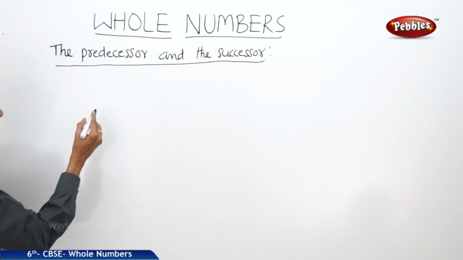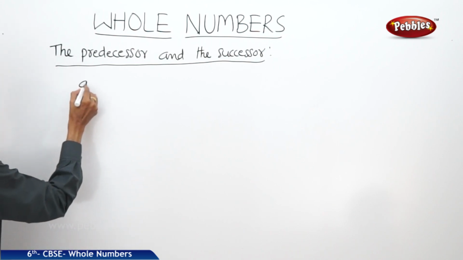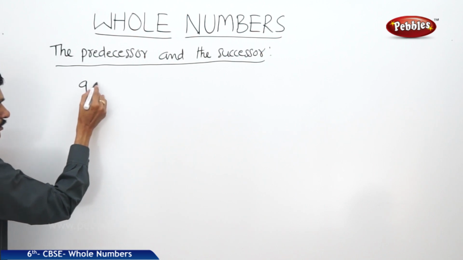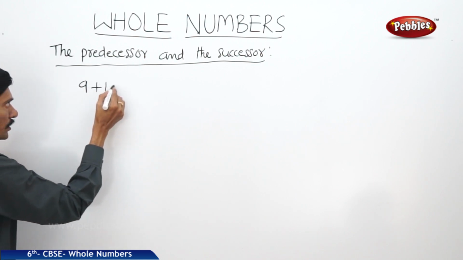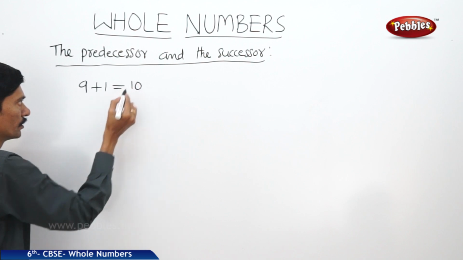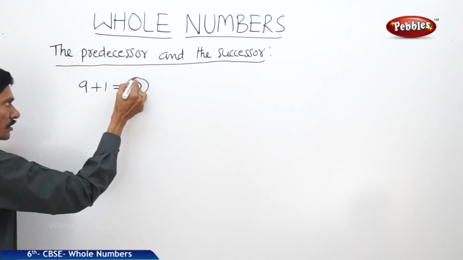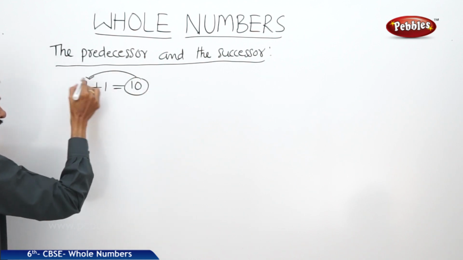So first, if you take the natural number 9, then if you add plus 1 to the given natural number 9, then we will get the sum 10. So then here 10 is called the successor of the given natural number 9.